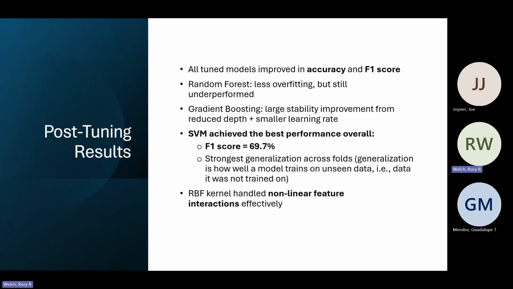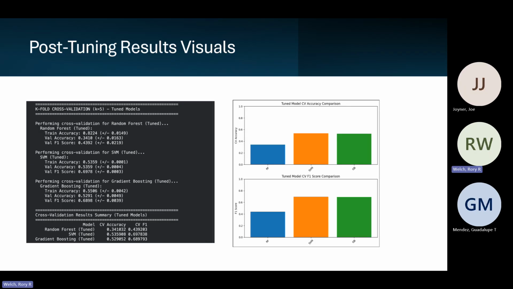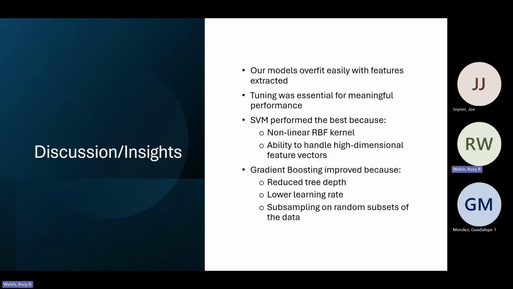Our gradient booster showed large stability improvements from reduced depth and smaller learning rate, but our SVM ultimately achieved the best score with an F1 score of 69.7%. And here are our results from cross-fold validation on our tuned models. I'm going to pass it back over to Guadalupe now to go over our insights.